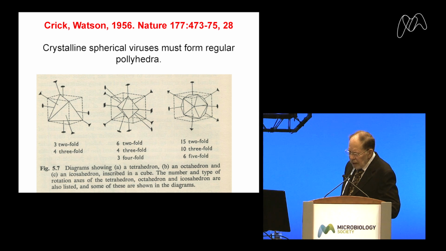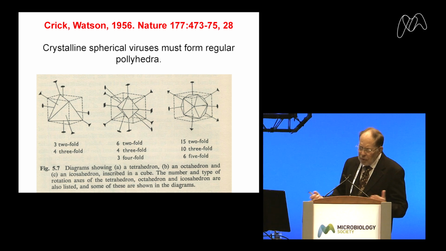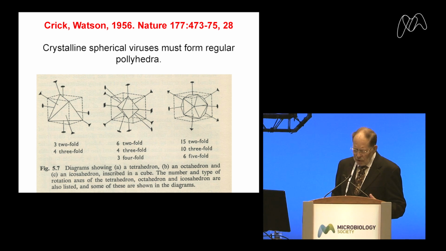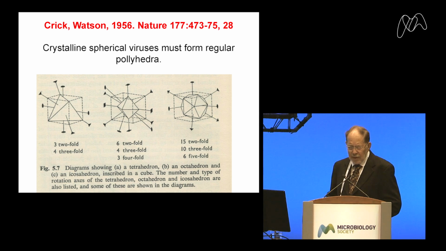What Watson and Crick had suggested, as I guess you probably all know, is that because of the limit of information in a typical genome of a virus, the capsid must be repeated many times to cover the genome. And therefore you have the problem that each identical subunit would have to have an identical environment.